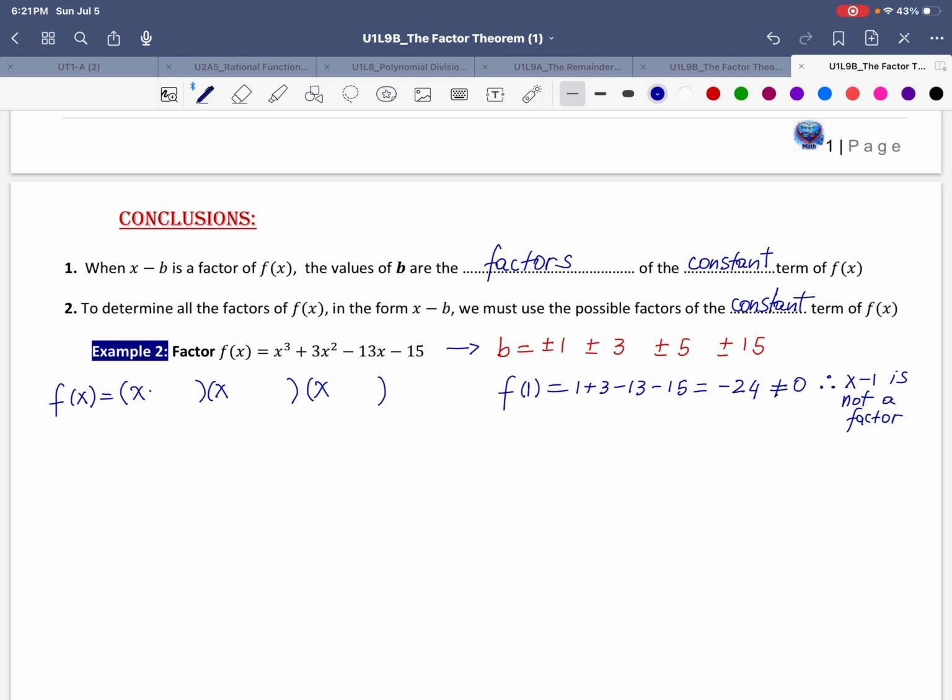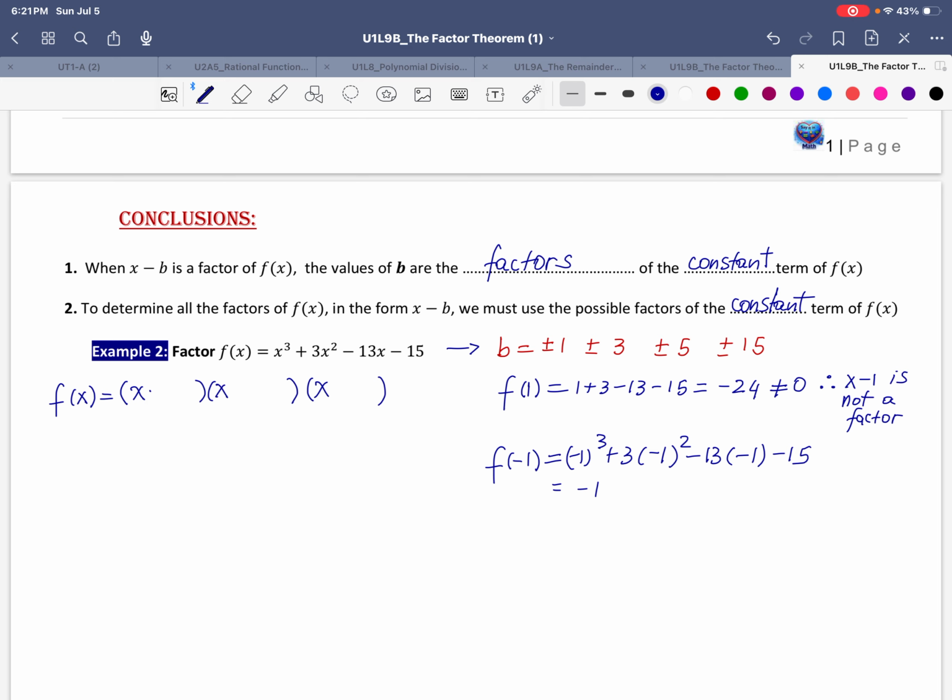Next, we'll look into f of -1, and you want to try all these numbers one at a time and in correct order so that you won't mix them up and retry numbers that you have already tried. So we have -1 to the power of 3, plus 3 times -1 squared, minus 13 times -1, minus 15.